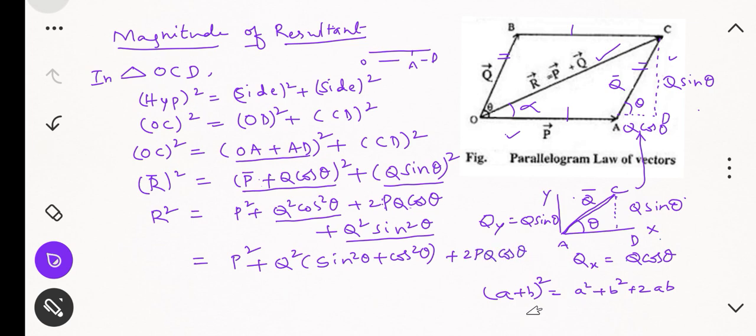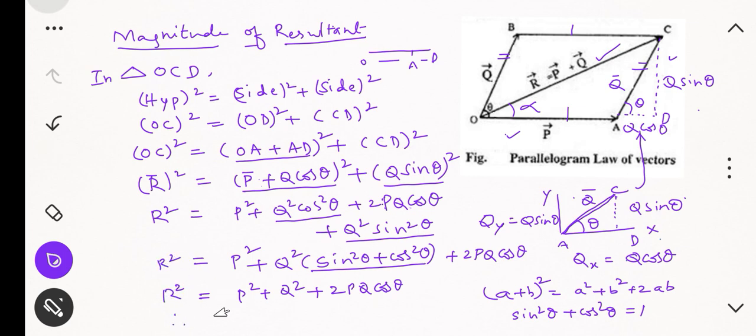And also we know that sin square theta plus cos square theta is equal to 1, so this term becomes 1 into q square, which is q square. So p square plus q square plus 2pq cos theta is equal to r square.